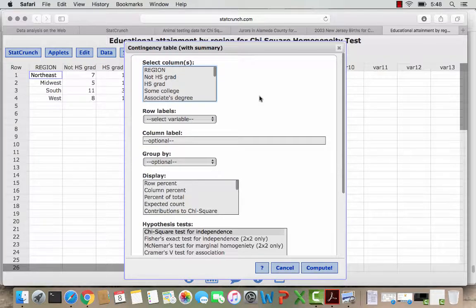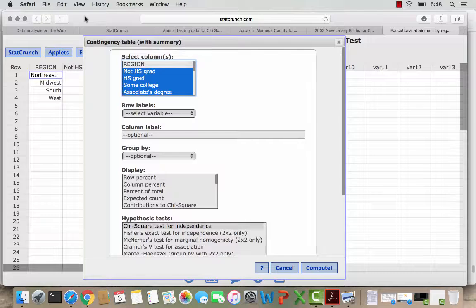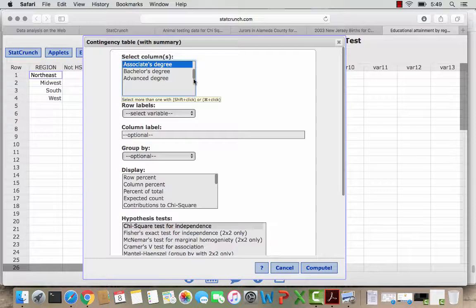And then our columns we want to select are the not high school grad, some college, associate's degree. I need to make this a bit bigger so I can select everything. Okay, make sure you get everything selected either using Control or Command if you're on a PC or Mac. And then our row labels are going to be what region the people are in.